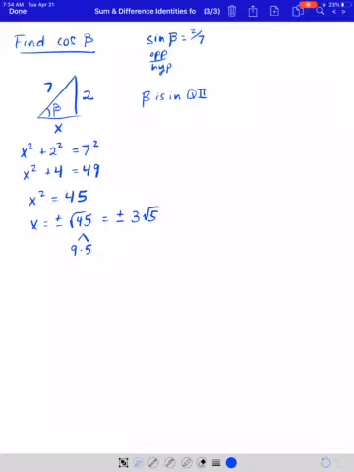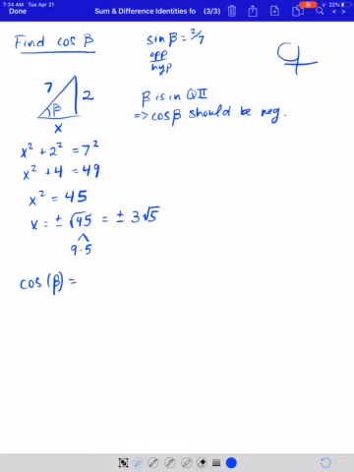Remember, our goal is to find cosine of beta. Since we are in the second quadrant, cosine of beta should be negative.